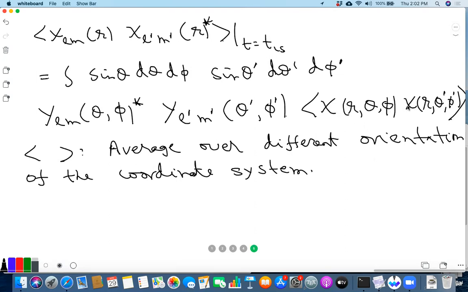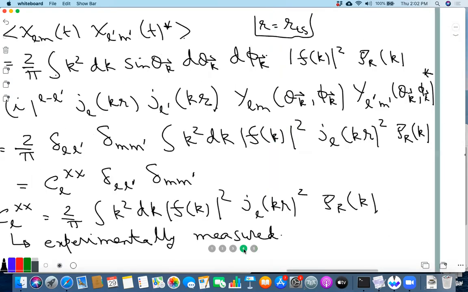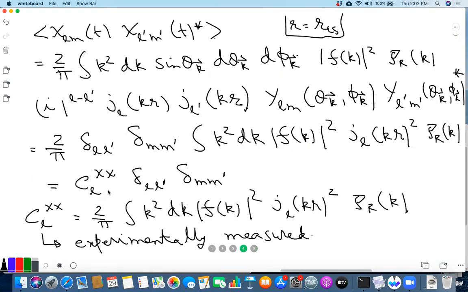So once you know how to look at the temperature, or any variable for that matter, delta T over T being the simplest one, in different directions in the sky, we can calculate this object. And this we can then compare with what we had here, C_L chi chi.